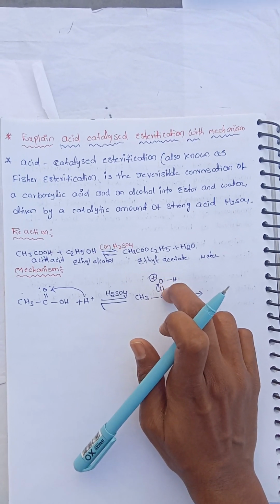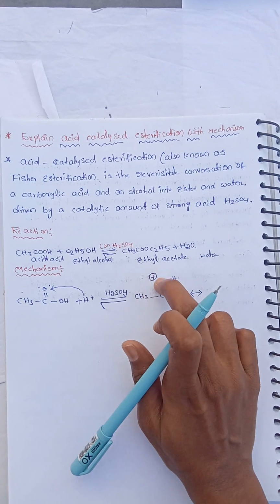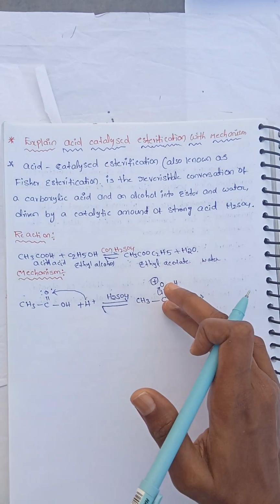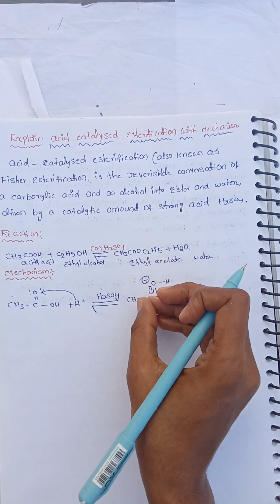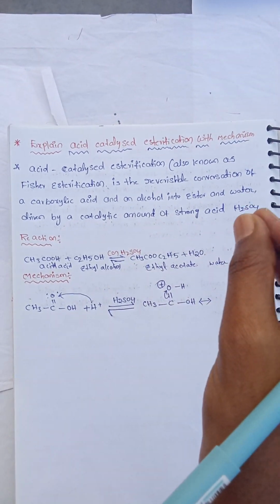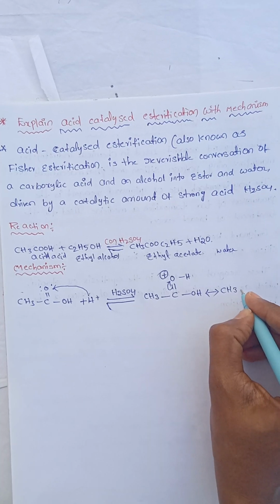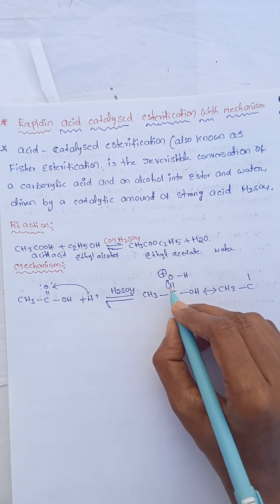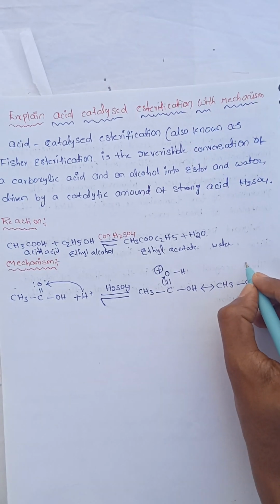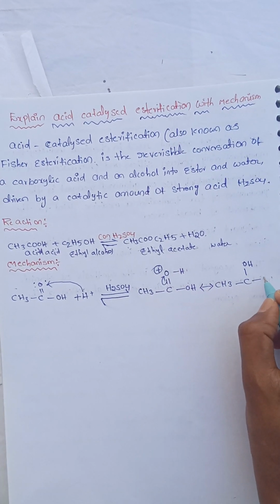When the double bond migrates to a single bond, oxygen removes the positive charge. So you have to write like this: the double bond migrates to a single bond, and oxygen has OH.